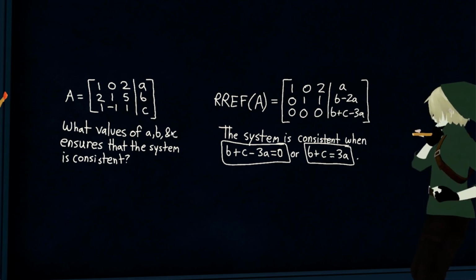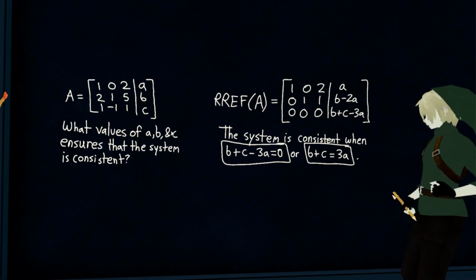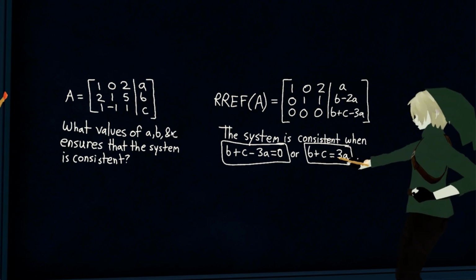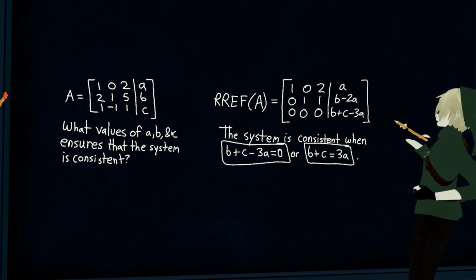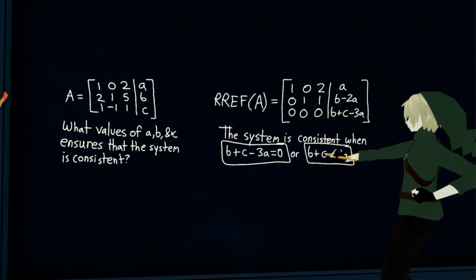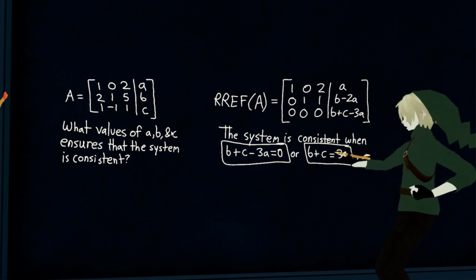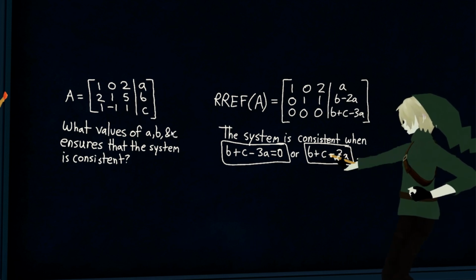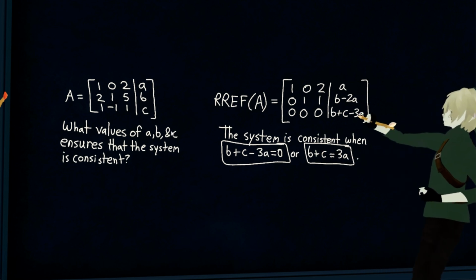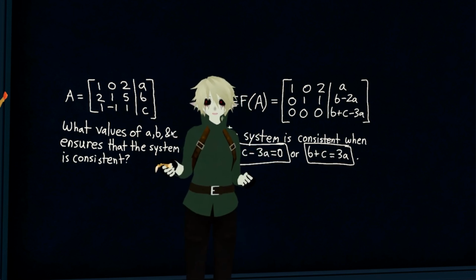I just like to write it like this because it's nicer. But this is what we need. So this is our solution. For any numbers A, B, and C, it must fit in this format, so that when we plug in any real numbers for A, B, and C that satisfy this, the matrix will always have a solution.